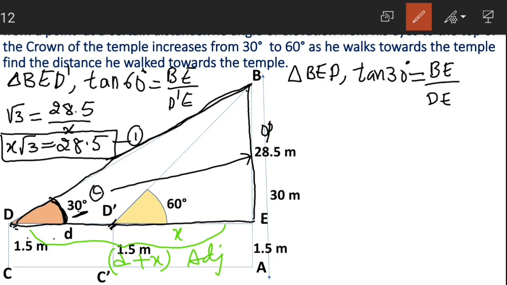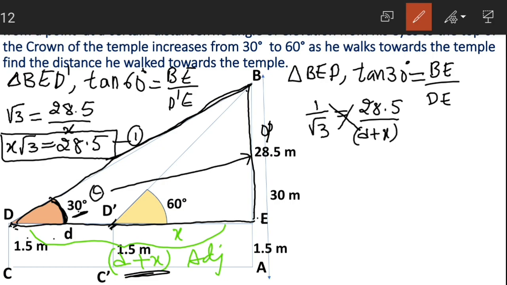Now we know that tan 30 degrees value is 1 by root 3, which is equal to BE, nothing but 28.5, by DE. DE length is nothing but here d plus x. So write down that and do the cross multiplication. We get d plus x is equal to 28.5 into root 3.